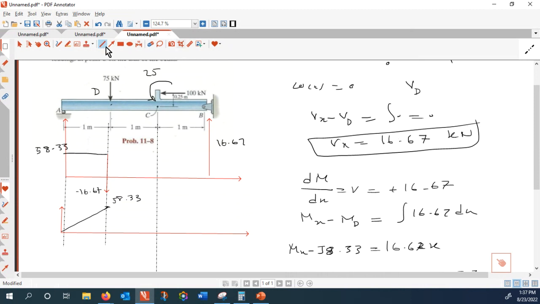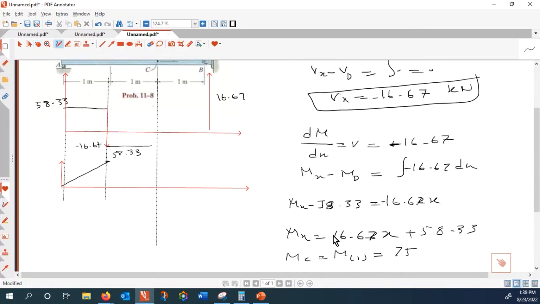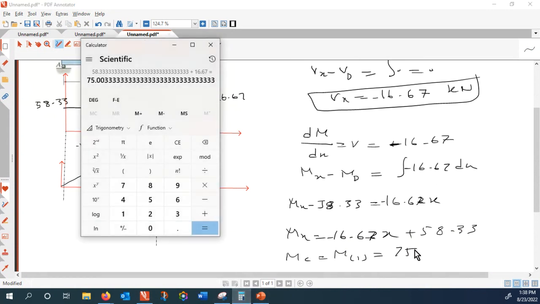You bring it to the right hand side, that becomes positive. And likewise, this is negative, negative, negative, and one more negative here. And here I have equal to 58.33 minus 16.67, 40.